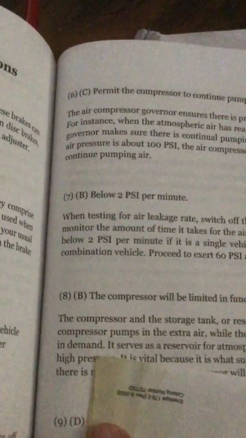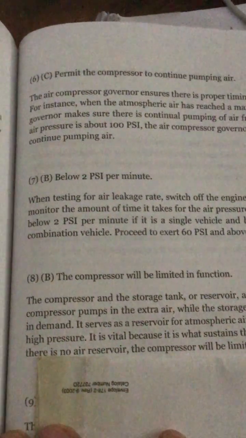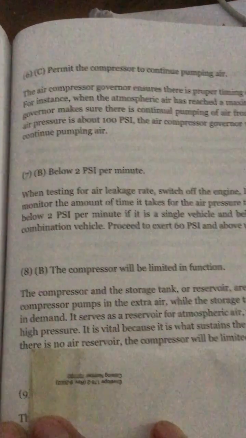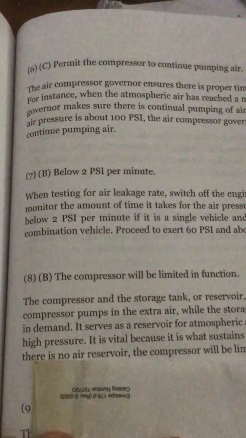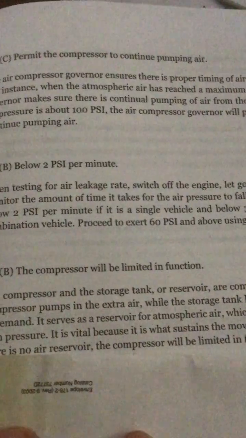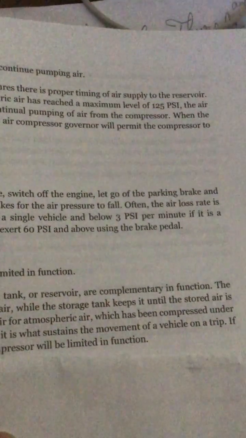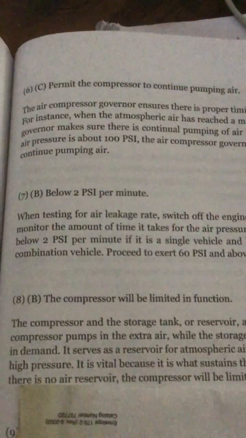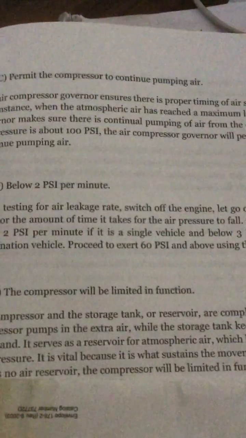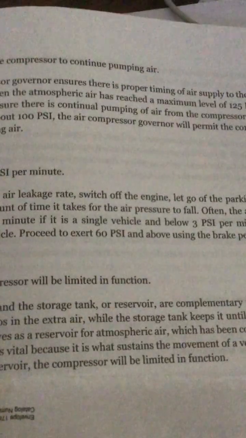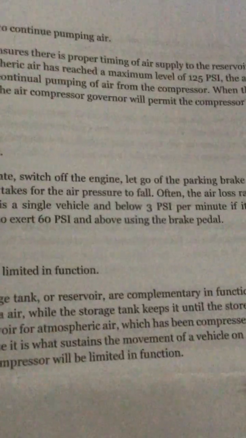The answer is B. Below 2 psi per minute. When testing for air leakage rate, switch off the engine, let go of the parking brake, and monitor the amount of time it takes for the air pressure to fall.